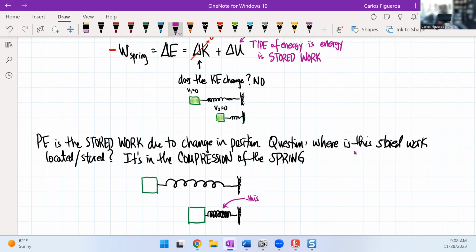This is where the stored work is located. Okay? That's where it's located. And because it's located there, we then say that this is where the change in potential energy of the spring exists.